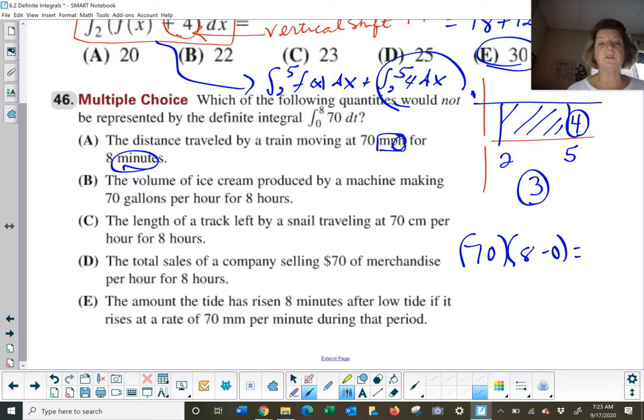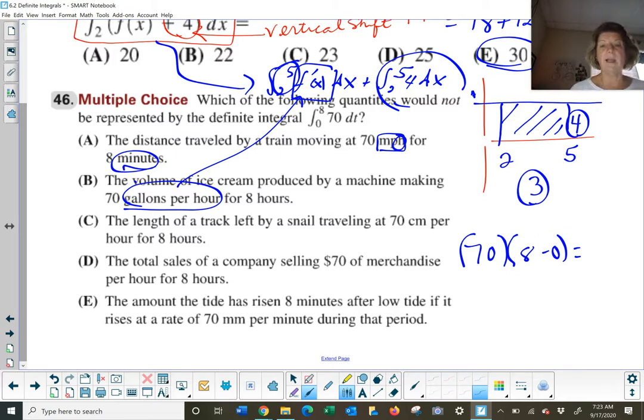The volume of ice cream produced by a machine making 70 gallons per hour for 8 hours. That's okay. Because remember, typically inside the integral is what we're integrating is a derivative. So when they're talking about gallons per hour, that's the rate of the derivative function. And then this expresses the amount of time that elapses, the x-axis for the t.